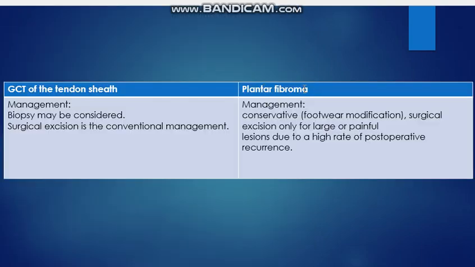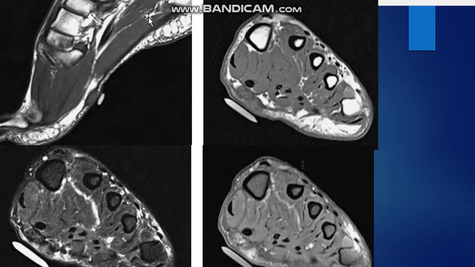However, in plantar fibroma, there is a high rate of post-operative recurrence. That's why we need to start with conservative management first by modifying the footwear of the patient, because the main complaint here will be pain at the plantar aspect of the foot.